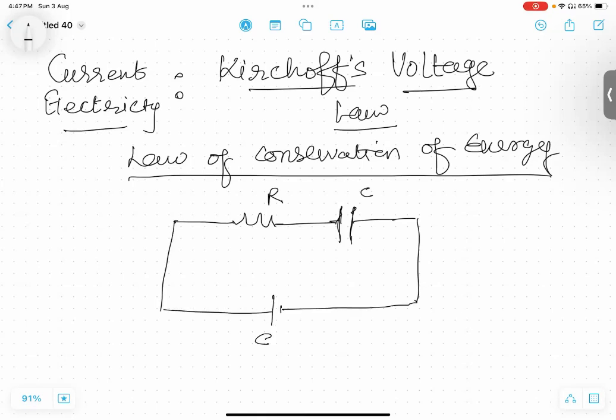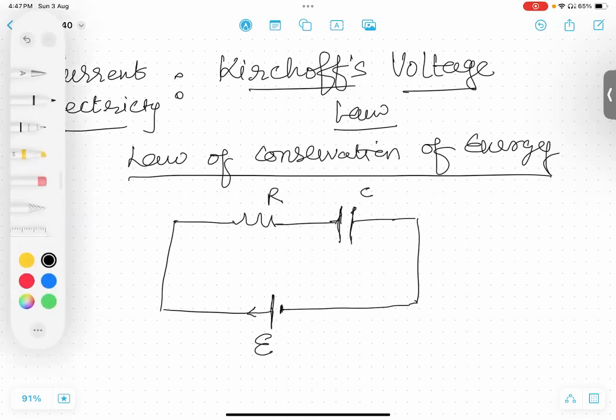The battery has an EMF. Now, this is the lower potential plate. This is the higher potential plate of the battery. In this battery, the current will originate from the higher potential, and let's make a key as well.